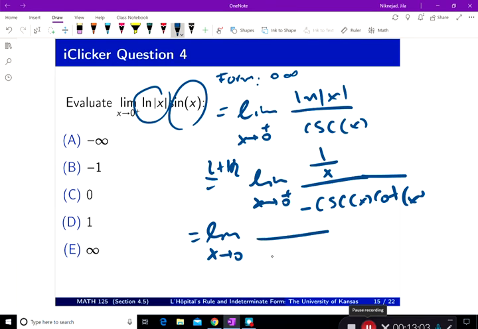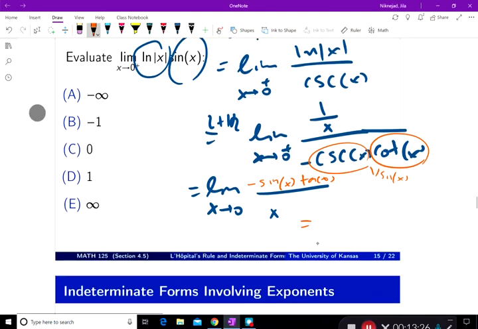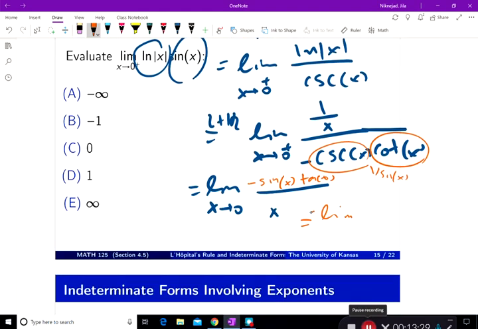And so let's simplify. X goes down in the bottom. Cosecant of x, which is 1 over sine of x, and cotangent of x come to the top. So I get minus sine of x, tangent of x, and then I can simplify this a little further by taking the negative sign out: sine of x over x as x approaches 0 from the right, times the limit of tan of x as x approaches 0 from the right.